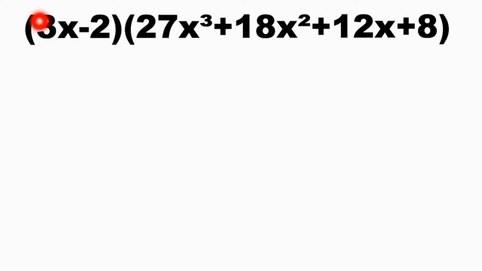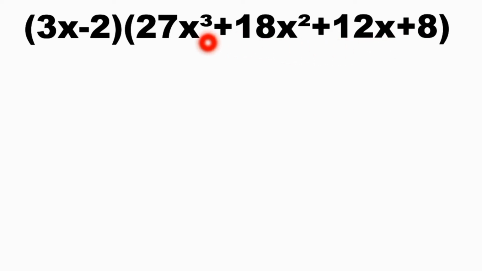Example: quantity 3x minus 2 times quantity 27x cubed plus 18x squared plus 12x plus 8.